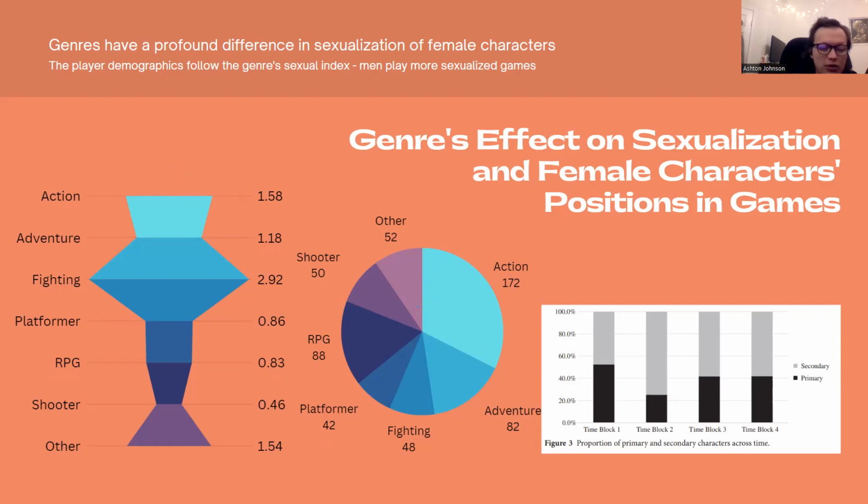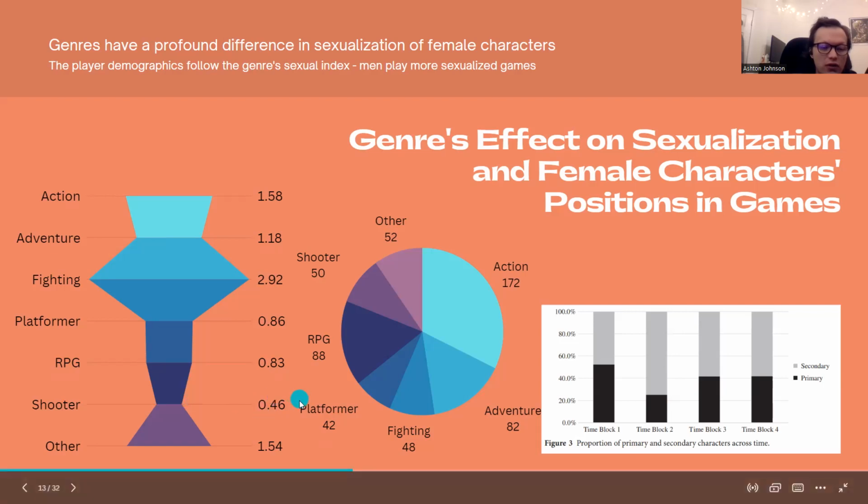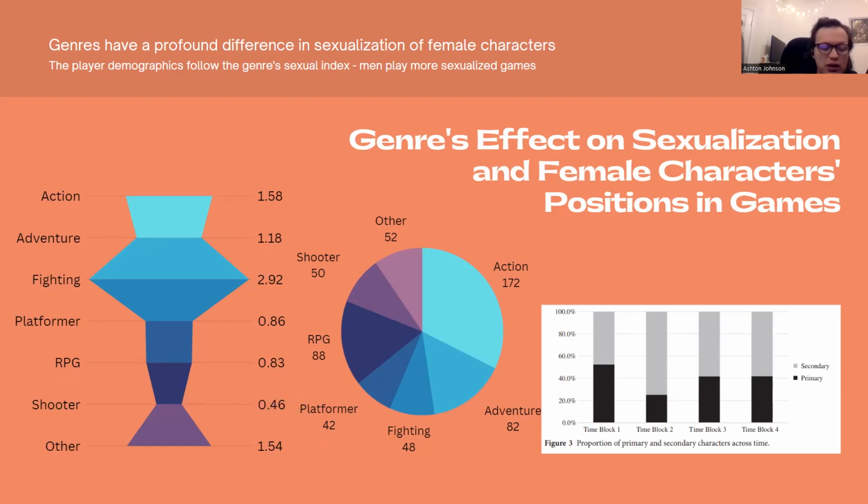And if I'm right, I believe the highest score is 4. So a 2.92 on the sexualization index for fighting, compared to the smallest one, which is shooter games, at 0.46.